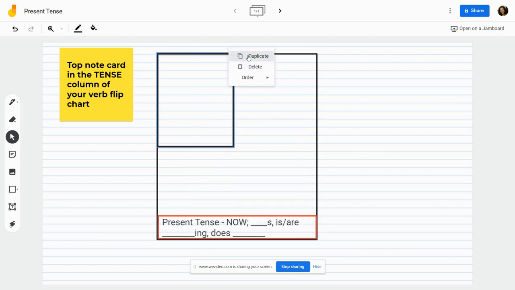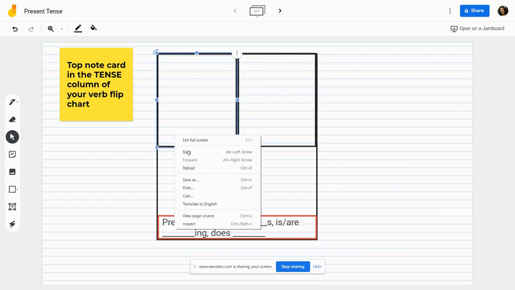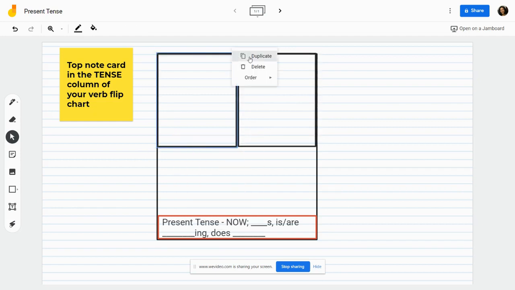Sorry, kids. I just can't freehand a straight line. I practiced like a bajillion times before I made this video, and they're obviously not going to be equal.